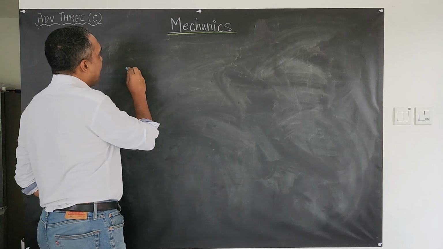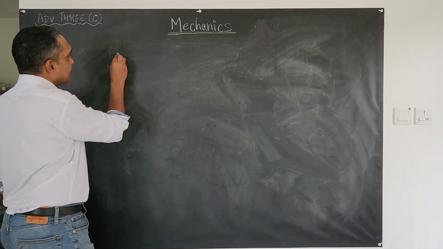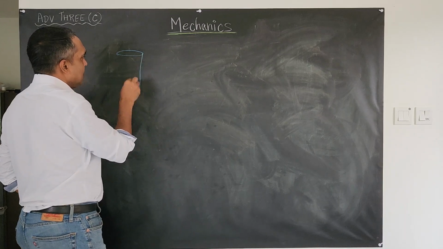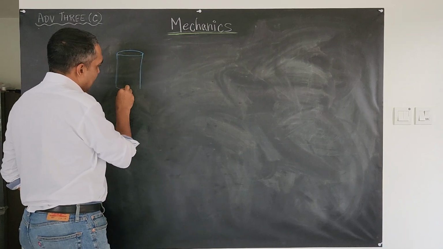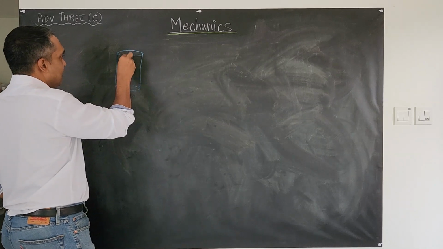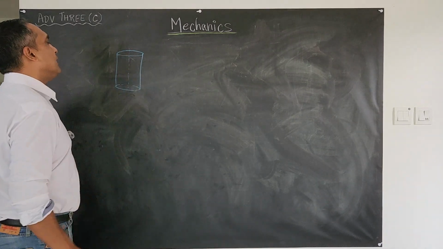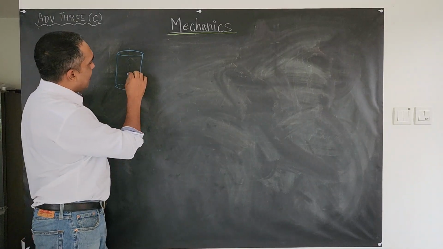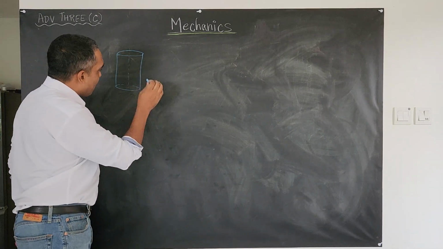So we'll start with a cylinder, right? I have my cylinder here, just because I want a simple shape. A 3-dimensional cylinder. I have its axes here, right? And I know very well if it's uniform, or non-uniform, you can work it out.